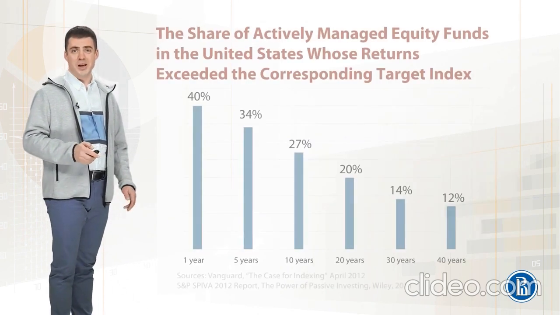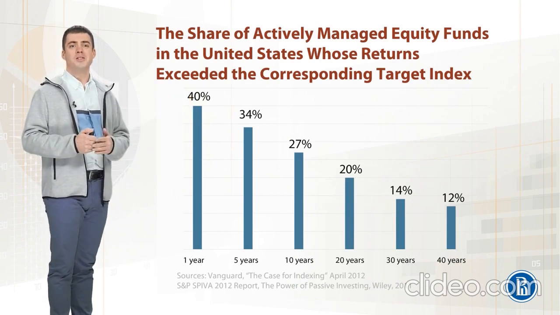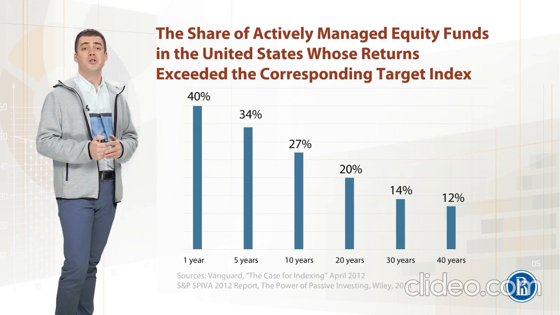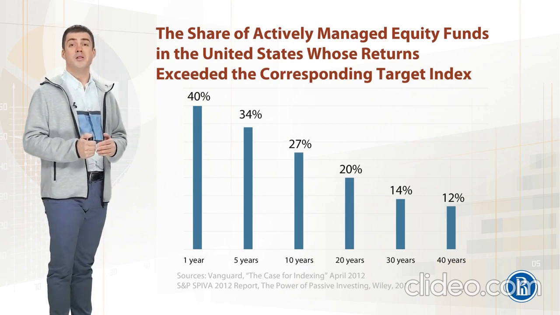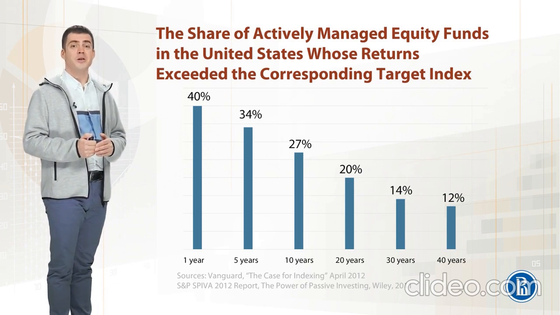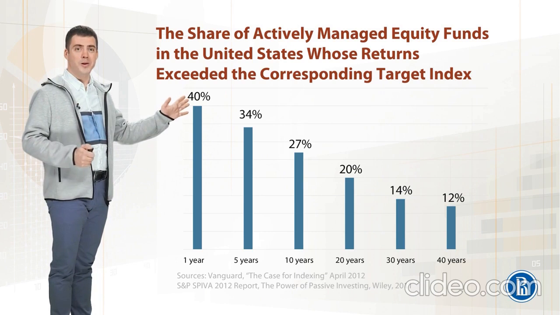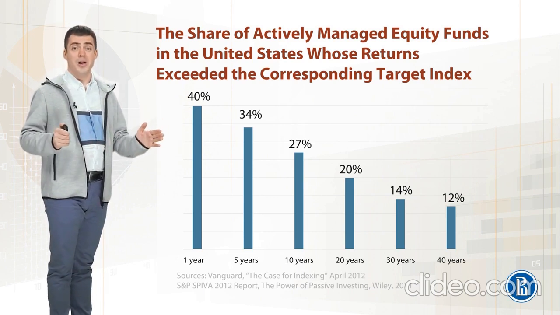And there is some statistics which prove that. Here on this picture, you can see the share of actively managed equity funds in the United States whose returns exceeded the corresponding target index. As you can see, the proportion of successful funds depends on the time horizon.